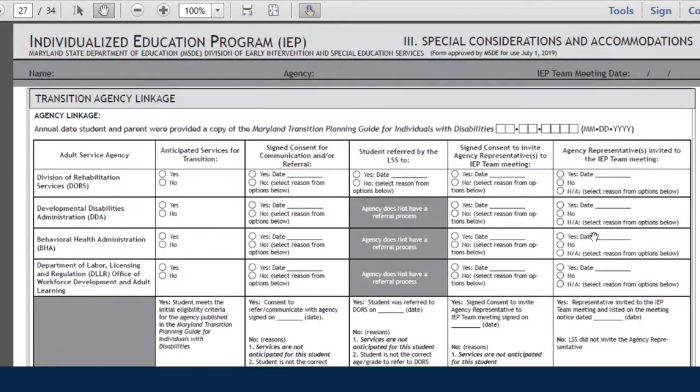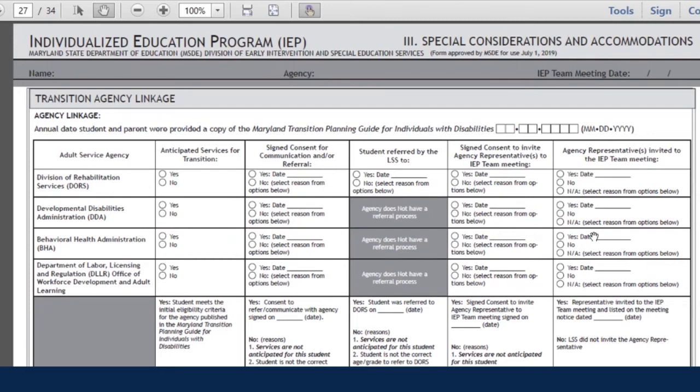Okay, now we move into special considerations and accommodations and starting to look at agency linkages. So once a child is of transition age, they are also eligible for programs like pre-ETS, through DOORS. You want to make sure that you have done your DOORS application, your DDA application.